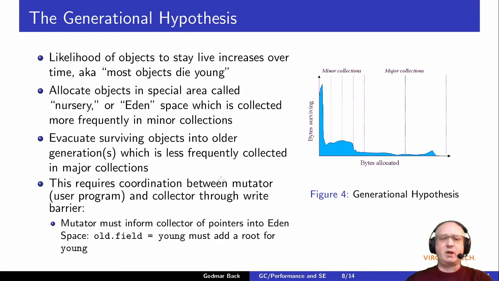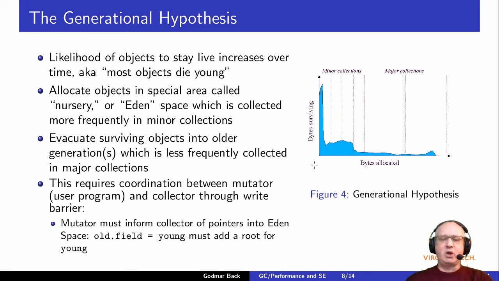They're long-lived. The generational hypothesis says that most objects die young. So what that means is that they do not survive many collections. This is shown here on this graph, which is taken from the Java HotSpot documentation, and it shows on the x-axis the number of bytes allocated as a measure of time, and then here the number of bytes that survive.